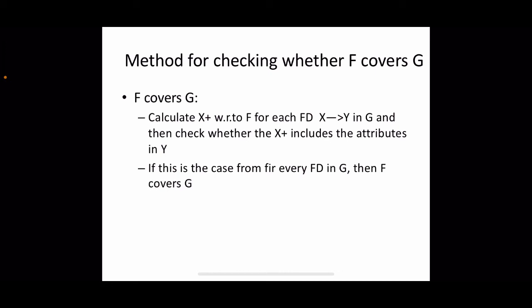What we have to do is, we will calculate X closure with respect to F for each functional dependency X determines Y in G. Okay, we have to take every functional dependency in G of the form X determines Y. We have to find X closure, and we have to check whether this X closure includes the attributes in Y. Okay, so we have to find this X closure with respect to F. We are taking a functional dependency from G, and we are taking the closure of the left hand side with respect to the second set F. Okay, and we will check whether the right hand side is there in the X closure.